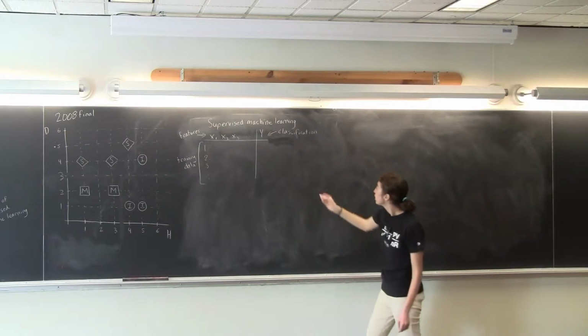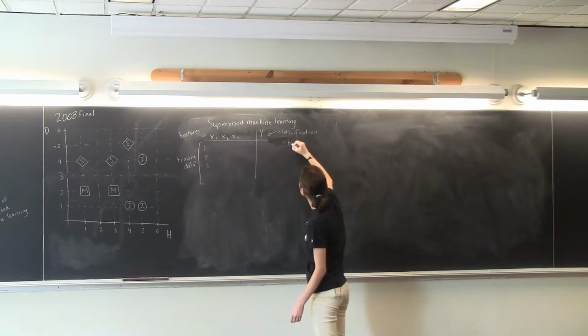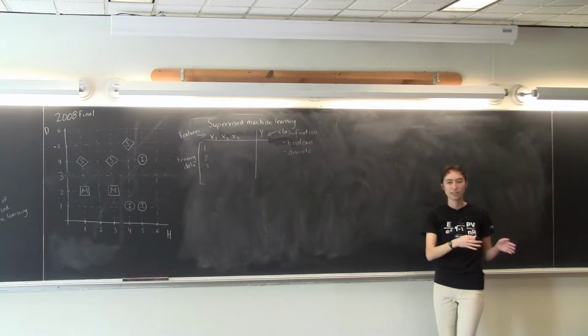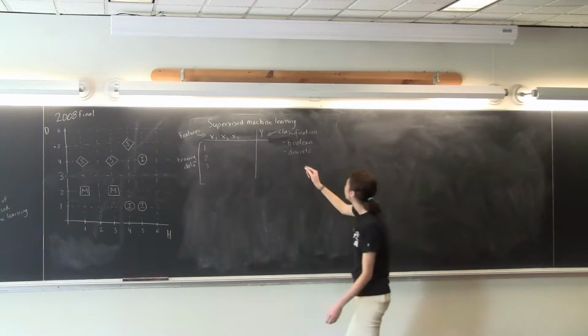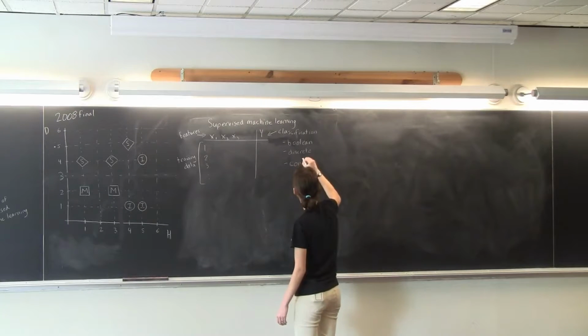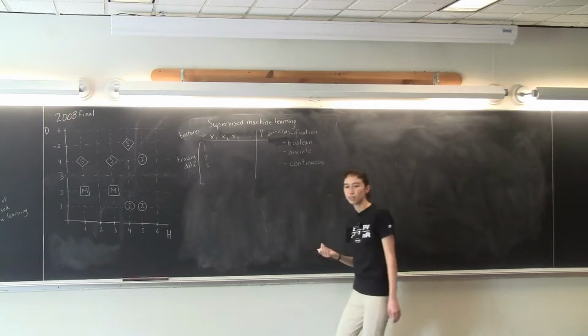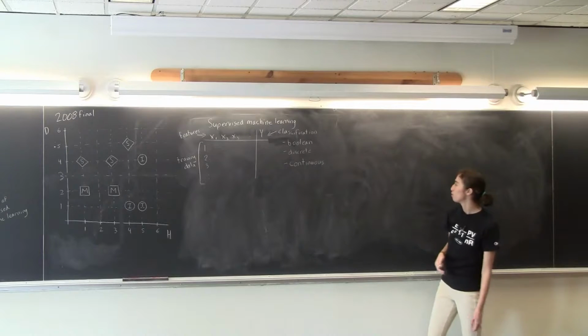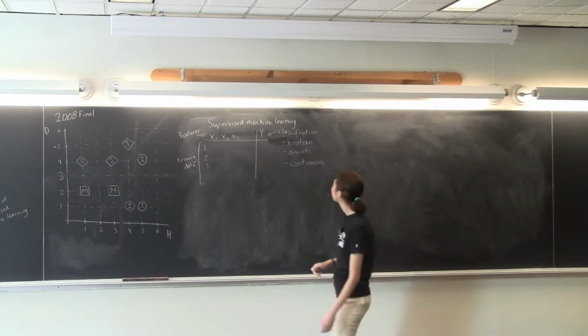The classification could be Boolean, like you're either a vampire or you're not a vampire. It could also be discrete. For example, if you're classifying someone as a Democrat, a Republican, or an independent, then there are more than 2 categories. Or it could be continuous, like if you wanted to classify someone by predicting how tall they are based on some information that you know about them.